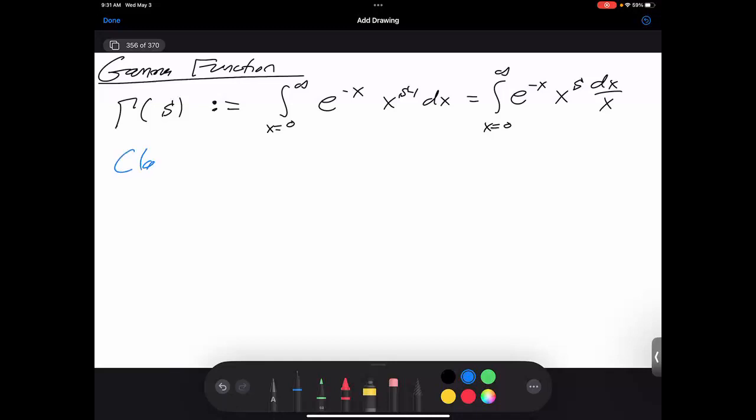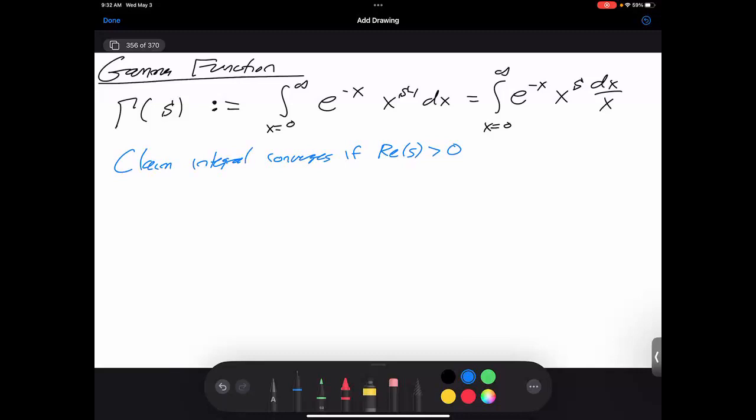I claim the integral converges if the real part of s is greater than 0. You could, if you want, just consider s to be a real number and say I want s to be greater than 0. It turns out you can make sense of this when s is complex. We're not really going to do that in this class.